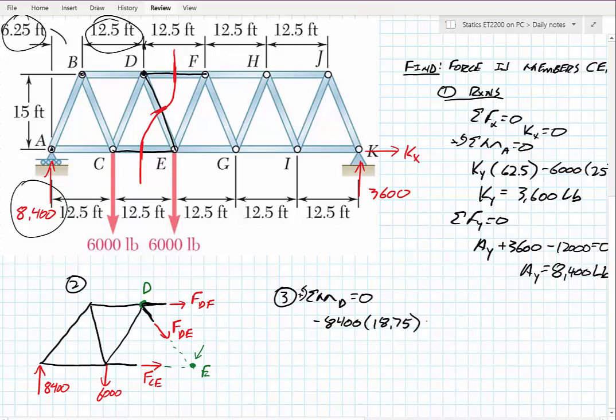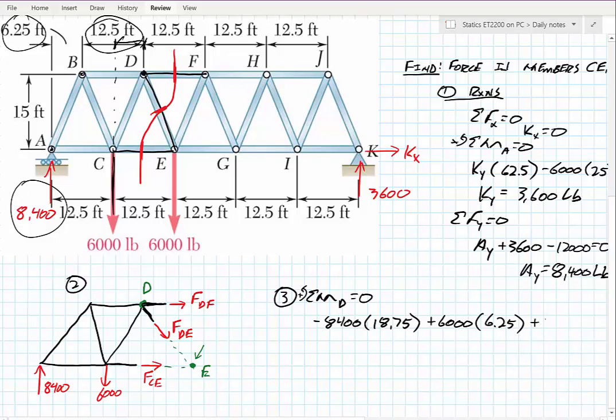And then I have that 6,000 pound force going the counterclockwise or positive direction, and its distance away is this 6.25 away from joint D. Hopefully you can see where these are coming from, because this is pulling down. I know it's symmetric, so it's straight up, so it's like half that distance of 6.25.